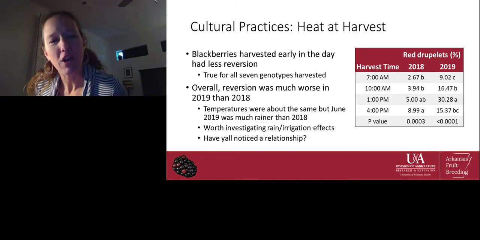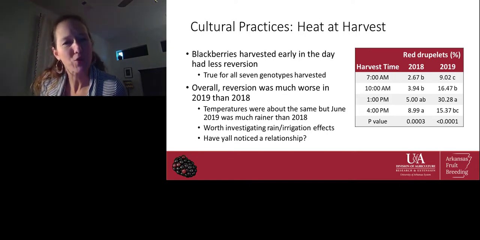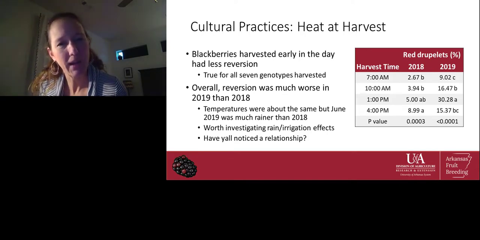And I'll note that overall, he had a lot worse reversion in 2019 than 2018.